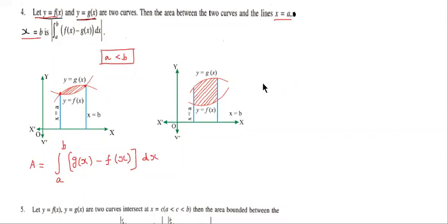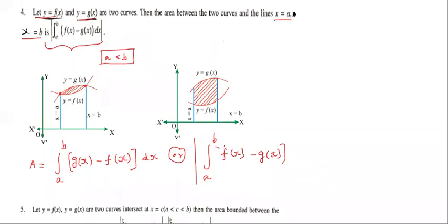That's why you can use modulus. So we can write it in another form also: integration a to b, modulus of g of x minus f of x, or f of x minus g of x. Anyone you can write, no problem. f of x minus g of x dx.